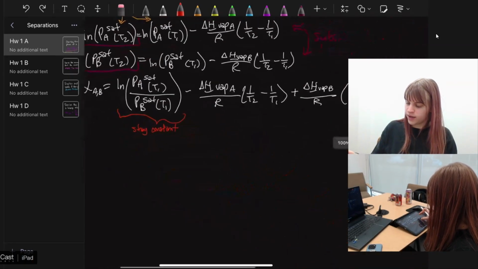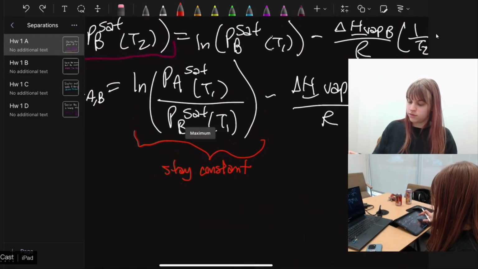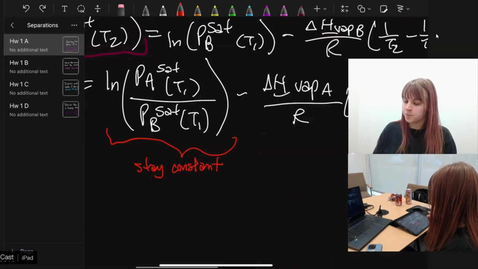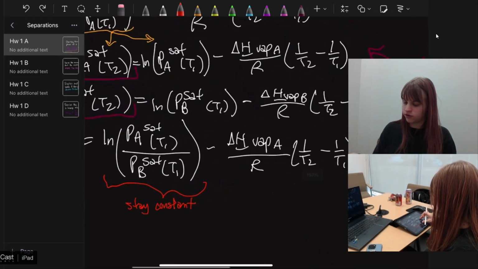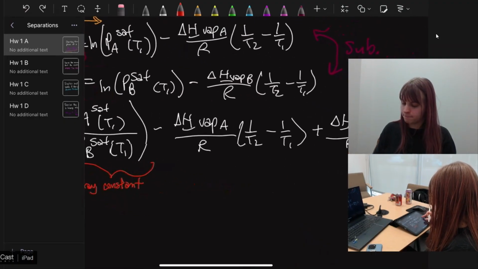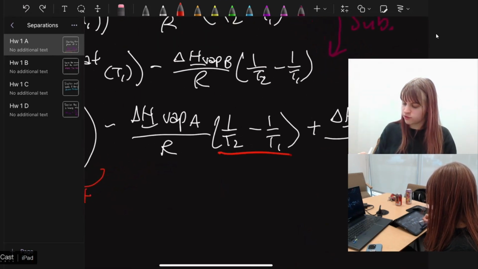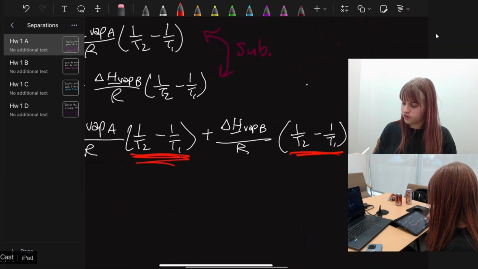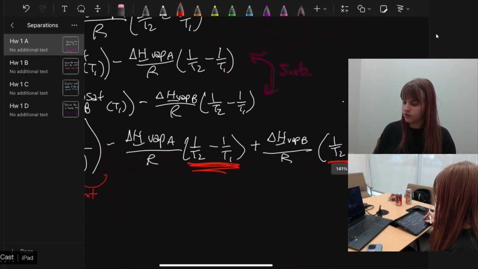All right, so we have this written out. This should stay constant because it's just the saturation pressures of each of the components at a certain temperature. But right here we have these temperature dependent terms because we're subtracting the second temperature from the first temperature. So that will be some sort of value.